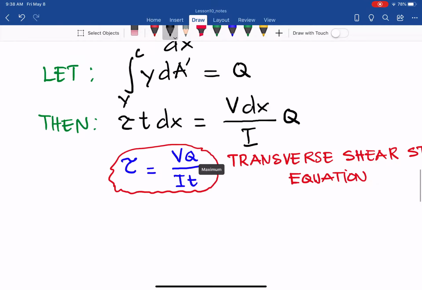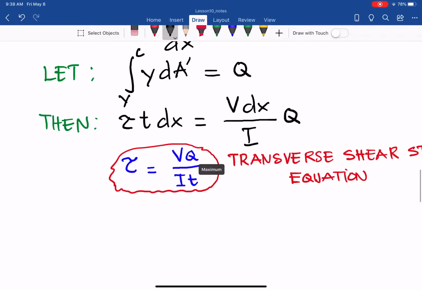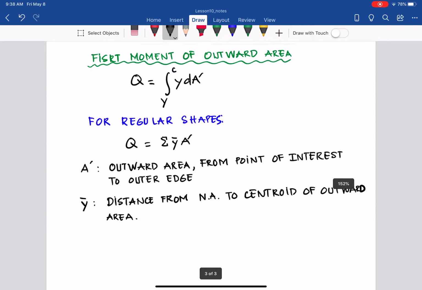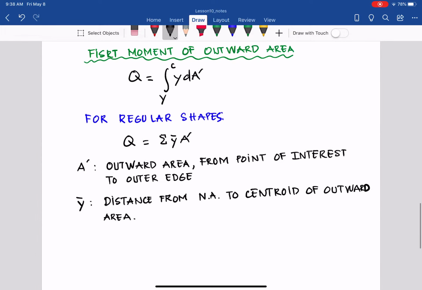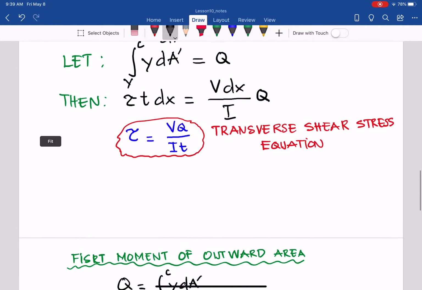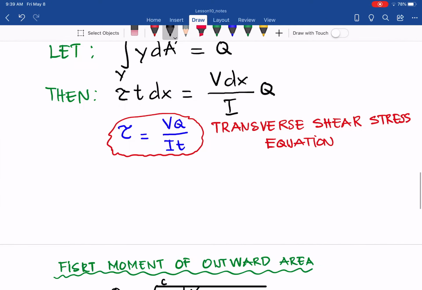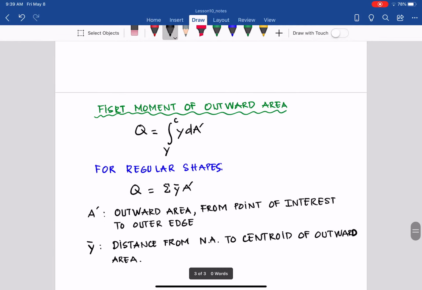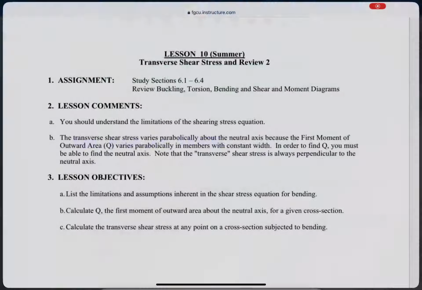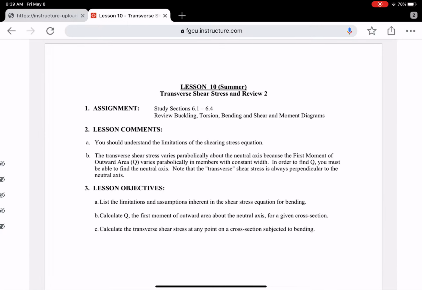Bottom line, in order to find Q, you must be able to find the neutral axis, because that's where we define A' and y bar, always derived from the neutral axis. Q varies parabolically, and the transverse shear stress also varies parabolically. If you forget any of these notes, you can go to the study guide of today's class.